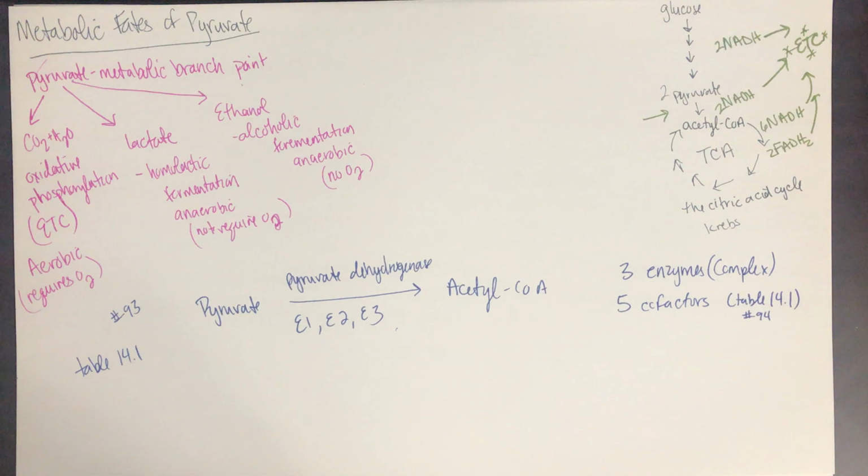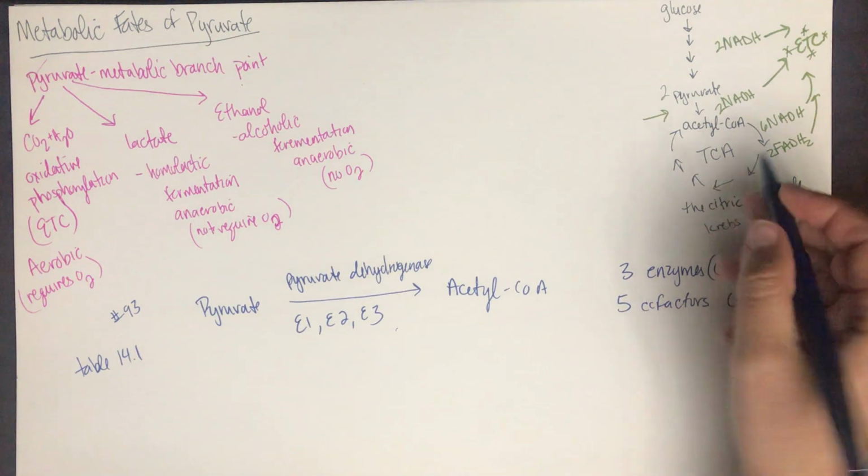So this is called the pyruvate dehydrogenase multi-complex enzyme. And it is going to convert pyruvate and add this coenzyme A to produce acetyl-CoA. And then acetyl-CoA is the molecule that is going to enter the citric acid cycle.